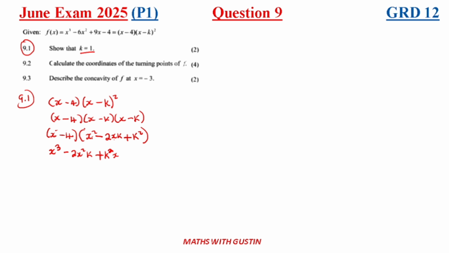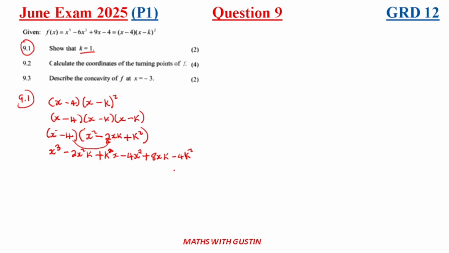Then we go to negative 4. Negative 4 times x squared is going to be negative 4x squared. Negative times negative, positive 4. This one here, I'm doing this one, guys, please don't be lost. 8xk, and then we're gonna have negative 4k squared.